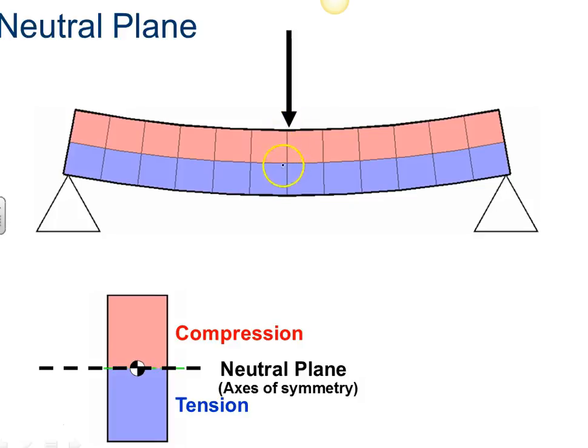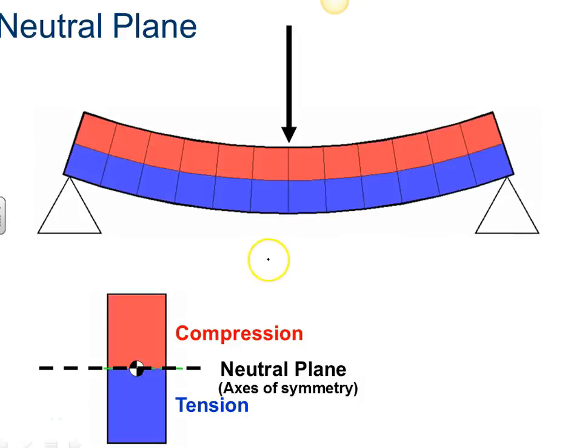So we have a couple of things going on in this one beam: compression and also tension, or stretching. And just another look at it here, with tension on the bottom or the convex side of the beam, and compression on the concave side of the beam.